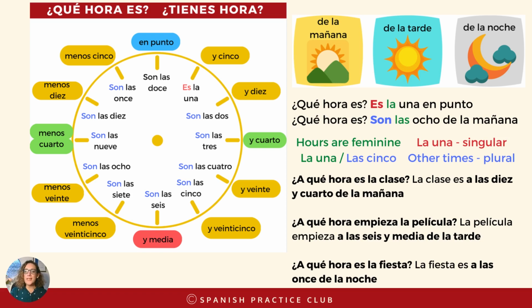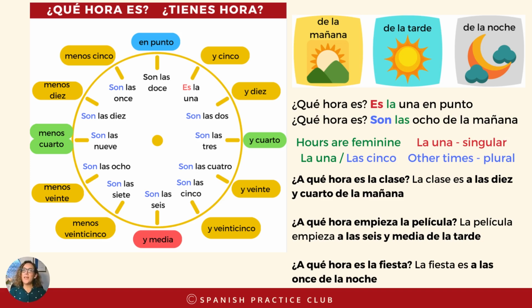The hours in Spanish are feminine, las horas. And as such, to say it's 1, we would say es la una. Or to say it's 2, son las dos. And so on and so forth, all the way until 12. So to say it's 12, son las 12.